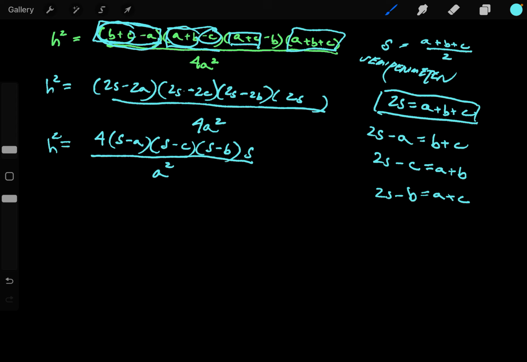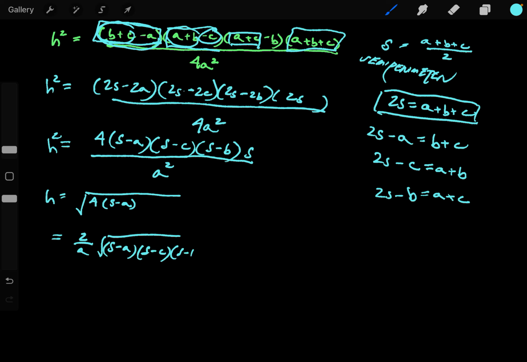Now we write h in the square root, and the 4 will come out, and the 2a will come out. It's 2 over a, and then everything else is in the square root: s minus a, s minus c, s minus b, and then times s. And that's h. And then once you have h, you go back finally and you say area is equal to a times h over 2.